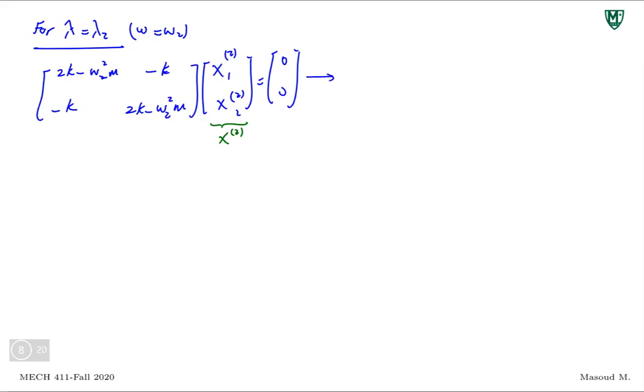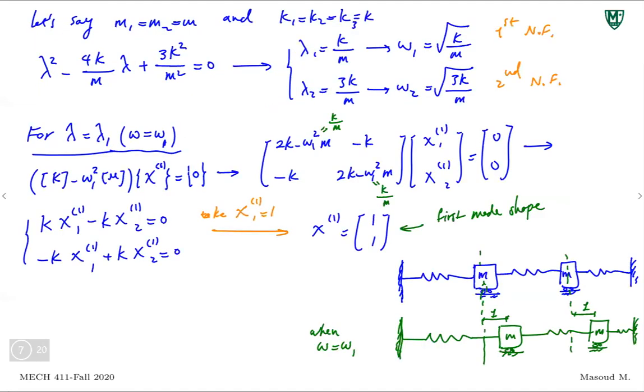Now, replace the value. Omega 2 is the square root of 3k over m.